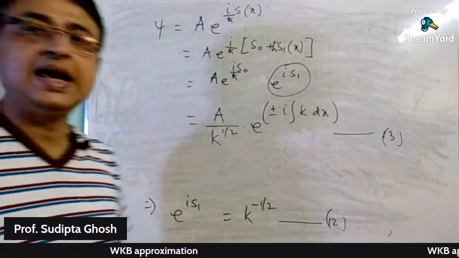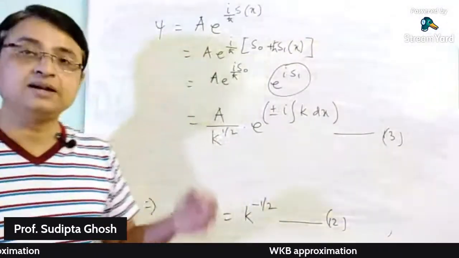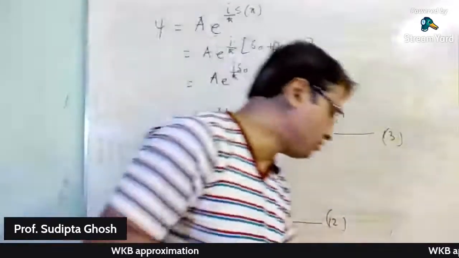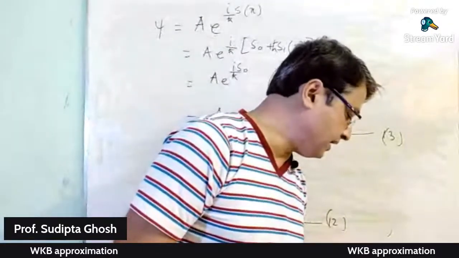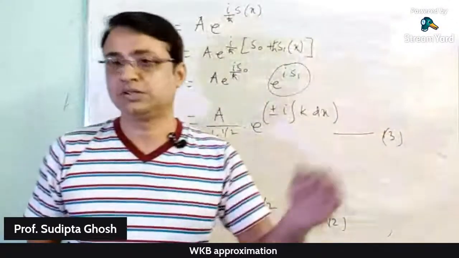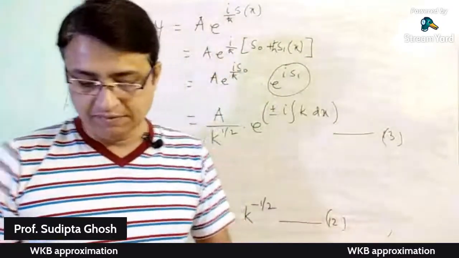Now here A is a constant, as you know, and the constant k was given earlier in equation 3, that k squared equals 2m by h-cut squared times E minus V(x).